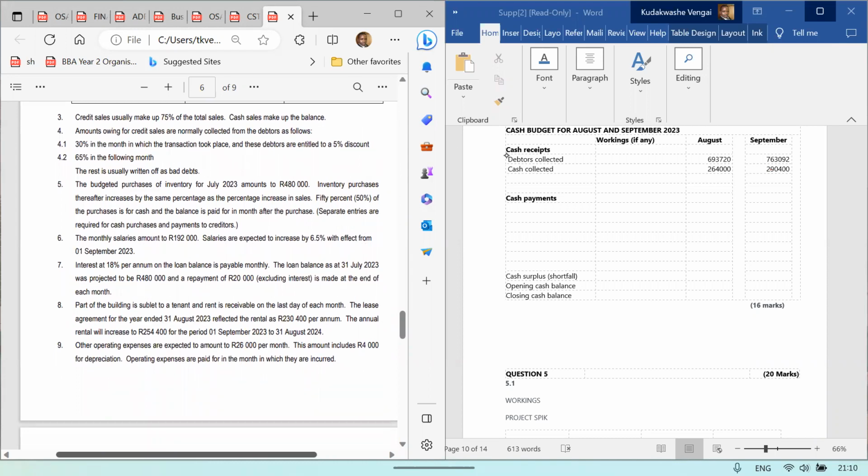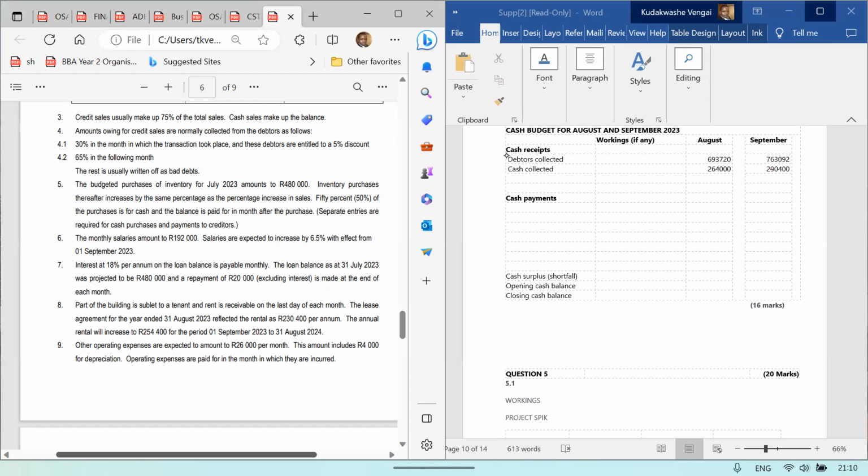Okay, this is received. Part of the building is sublet to a tenant and rent receivable, which means we are receiving some rent from a particular tenant, right? Rent receivable on the last day of each month. The lease agreement for the year ended 31 August 2023 reflected a rental of 230,400 per annum.